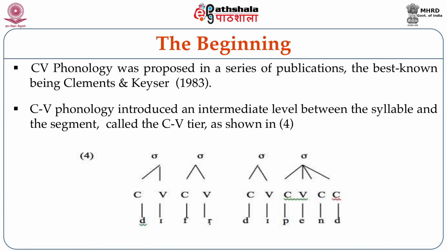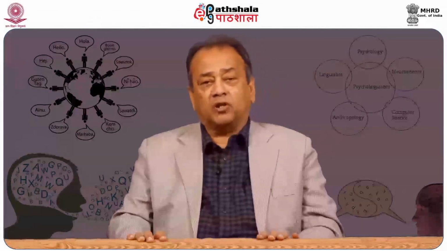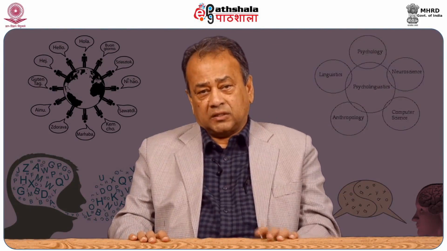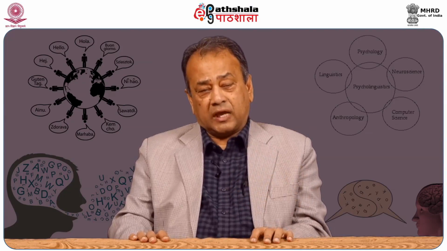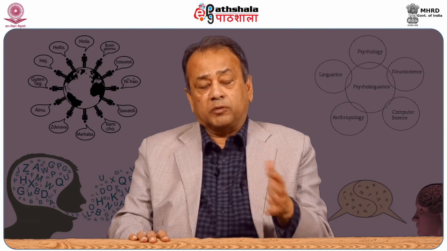This is the new proposal that CV phonology makes. Now, the idea of CV phonology actually was rooted in the description of the morphology, the non-concatenative morphology by John McCarthy in relation to the Semitic languages such as Arabic and Hebrew.